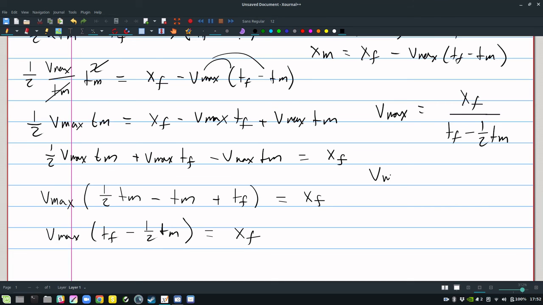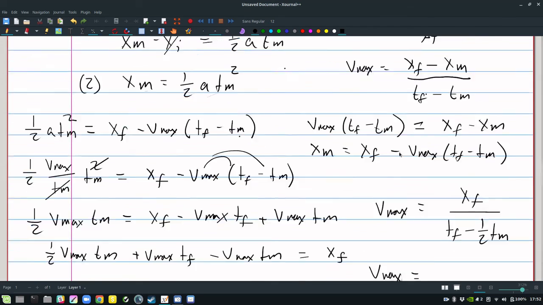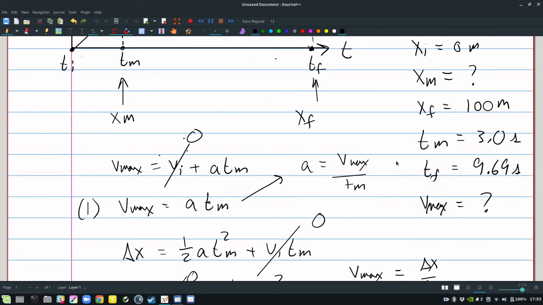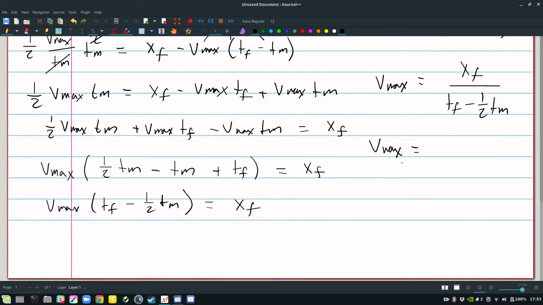And so v max is equal to, what's xf? Now comes the time to plug in the actual data at the very last second, right? We're plugging in data, so xf is 100 meters, and then t final is 9.69 seconds minus t middle is actually 3 seconds, but we divide by 2, so it's 1.5 seconds.